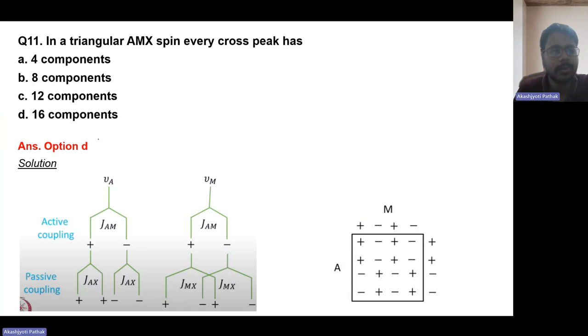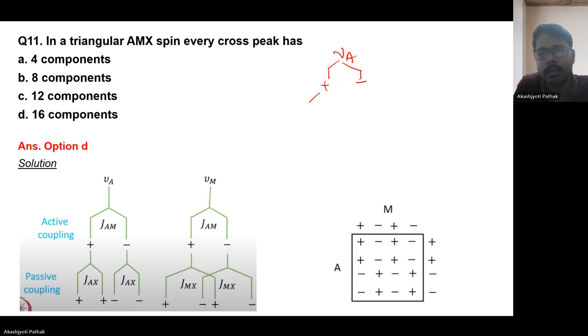I forgot to add animation to this. So in a triangular AMX spin system, every cross peak will have how many components? Just now I had shown: this A will be split into two, a doublet, by the M spin, plus minus.